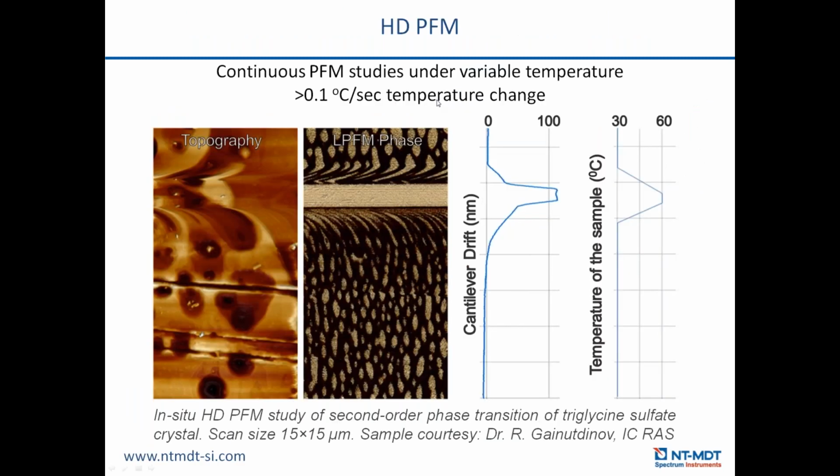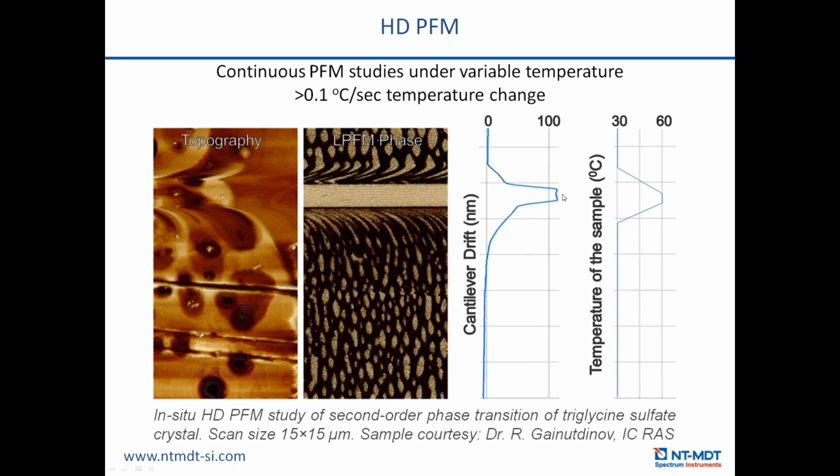And this is explained on the next slide. We have studied what happens to the AFM tip when we heat the sample, because while heating the sample we also heat the AFM tip, and during the heating of course this tip starts to bend. In this experiment we were starting from 30 degrees Celsius and heating the sample up to 60 degrees. The y-axis is time, and the x-axis is temperature.